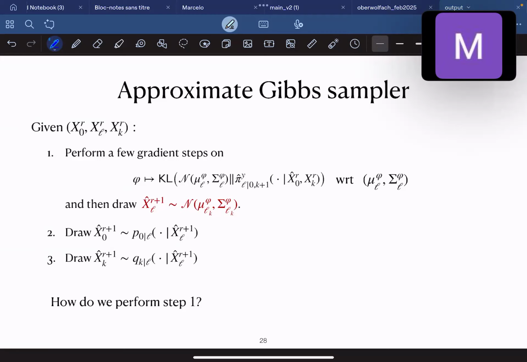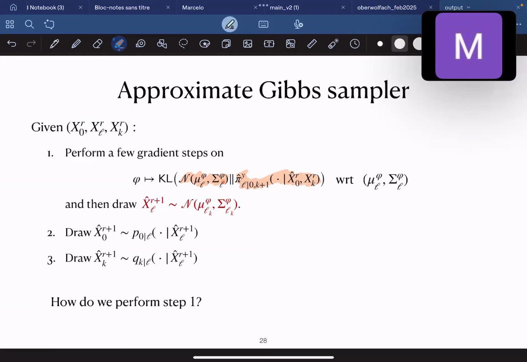So we parameterize it, we just take some mean and some covariance, mu phi L and sigma L. At each iteration in my Gibbs sampler, I will approximate the conditional which is intractable by this Gaussian approximation. I will optimize over the parameter phi.